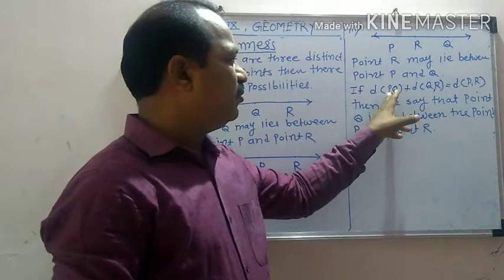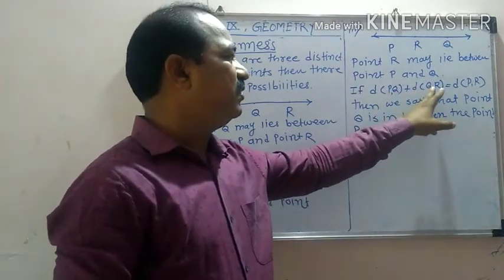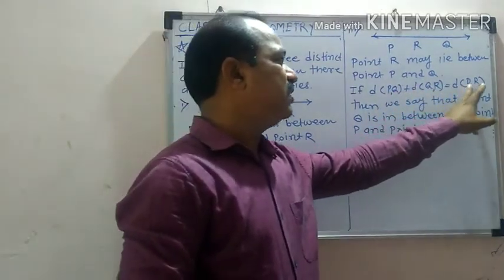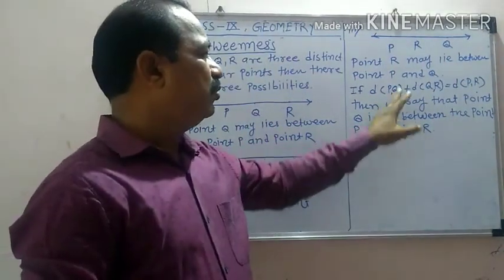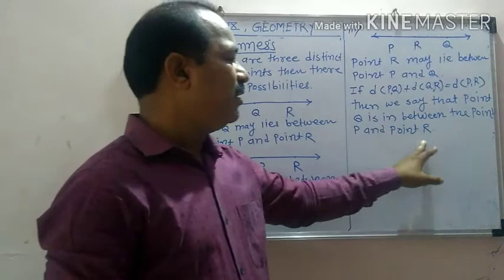If distance between the point PQ plus distance between point QR is equal to distance between point PR, then we clearly say that point Q lies between the point P and R.